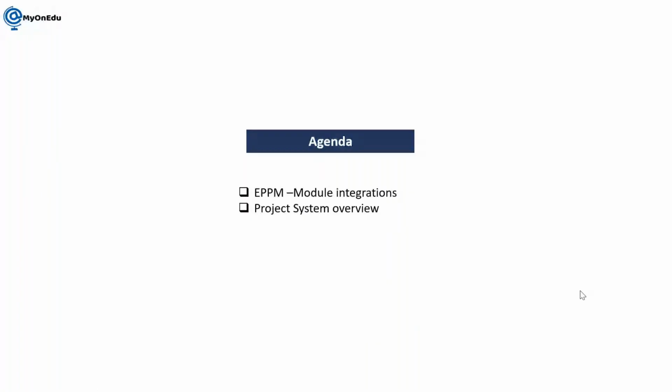So what happens when we are understanding this overall solution? Within the EPPM, PPM and CPM are on top, and PS is helping at a lower level to perform all the business transactions in the project.